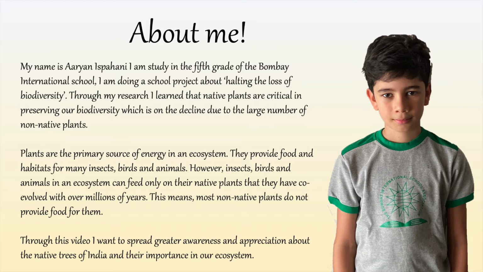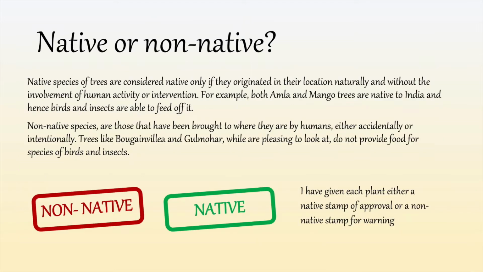Through this video, I want to spread greater awareness and appreciation about the native trees of India and their importance in our ecosystem. Native species of trees are considered native only if they originated in their location naturally and without the involvement of human activity or intervention. For example, both amla and mango trees are native to India and hence birds and insects are able to feed off of it.